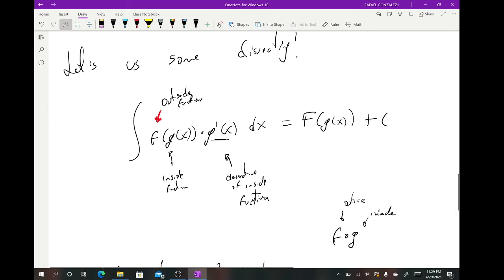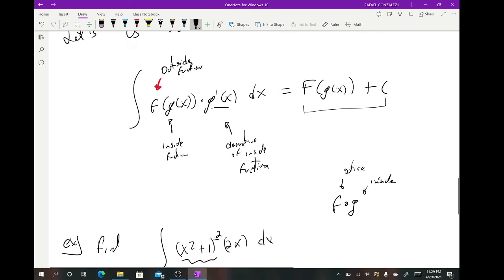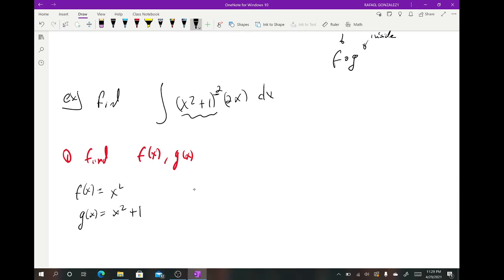If g prime is in our function, then our integral is simply going to be f of g of x plus c. Well, what is g prime of x? The derivative of x squared is 2x. The derivative of 1 is 0, so g prime of x is just 2x. But notice, this is actually in our problem.